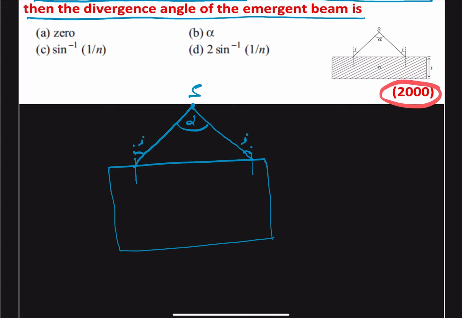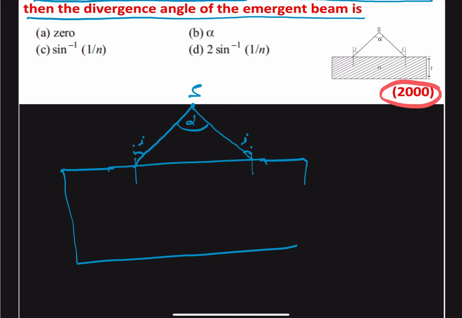So it will try to bend towards the normal, coming something like this here, as well as moving in the other direction. And this is the normal at the other points.